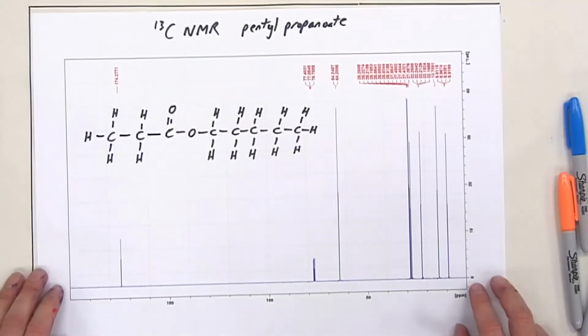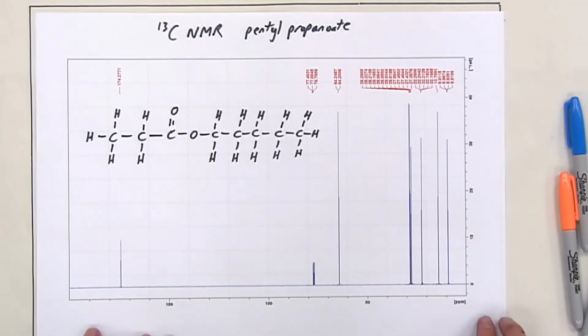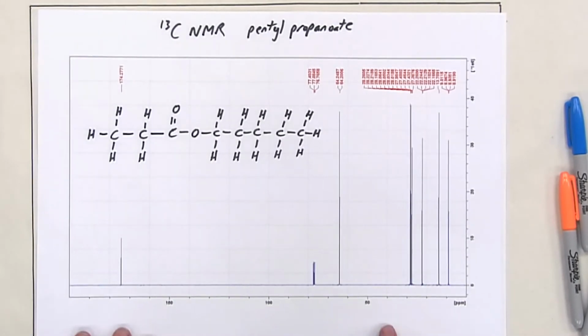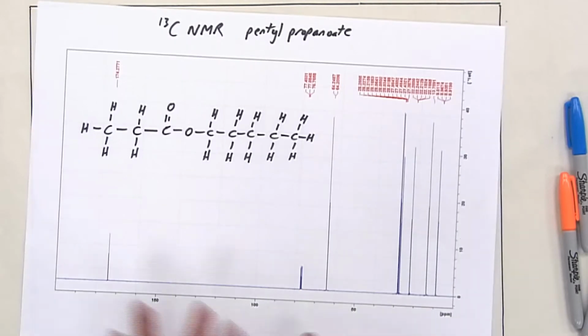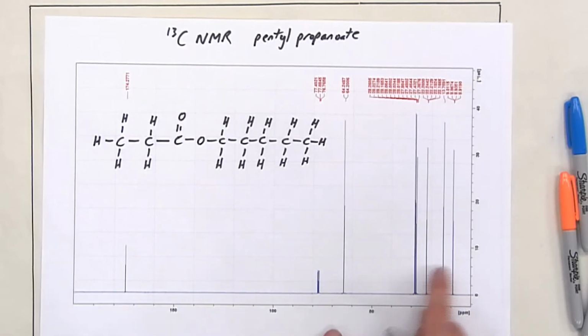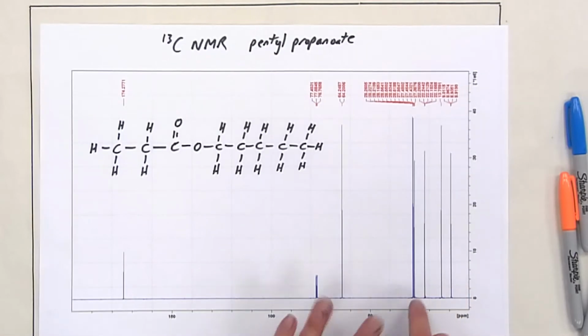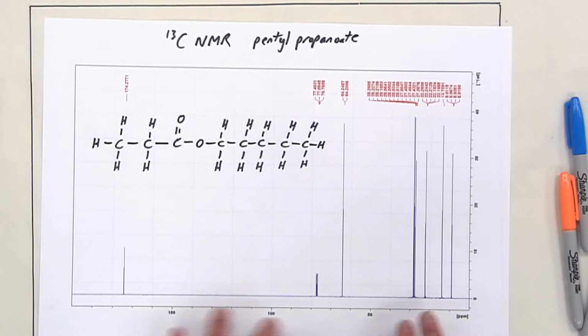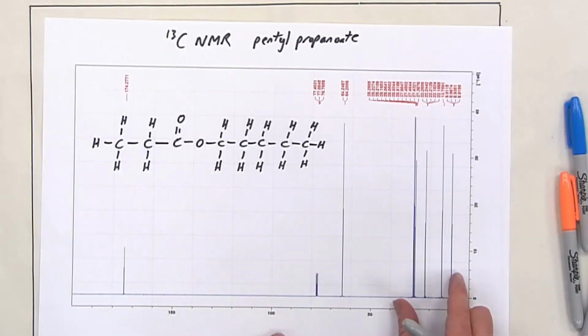So we've got, again, a labelled structure here of the pentyl propanoate, or propionate, depending on which source you used in terms of that naming. But particularly we're going to look at two main peaks here. We've got a lot of peaks at low values, which we're not necessarily going to focus on just yet, because they're going to be quite hard to identify.